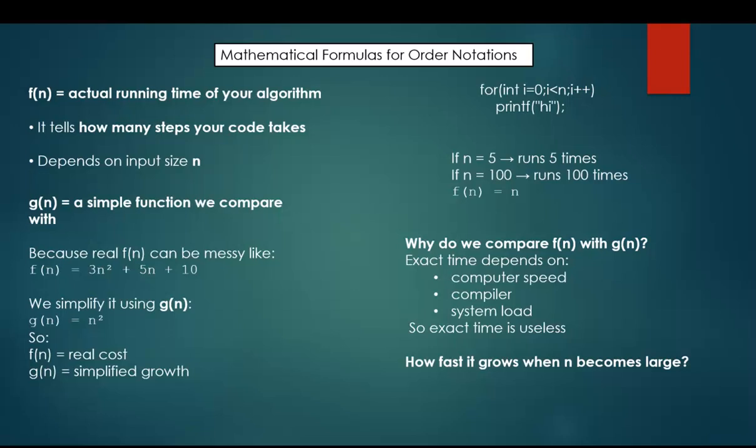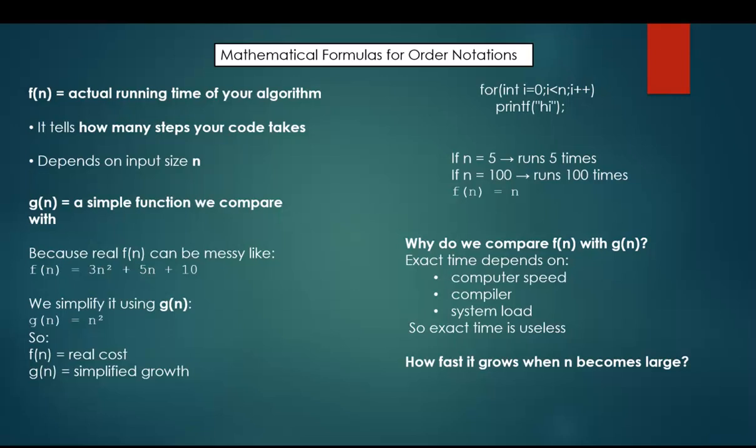Because the exact time depends upon the computer speed, the system load and the compiler, so this exact time is useless for us. We concentrate on how fast it grows when n becomes large. So we compare f of n and g of n to understand the growth. In this slide we have just tried to understand f of n and g of n.